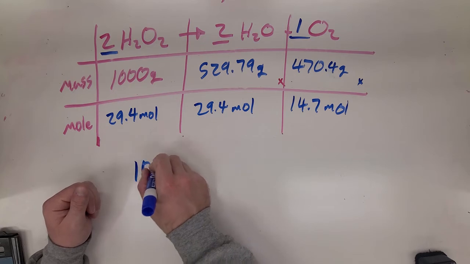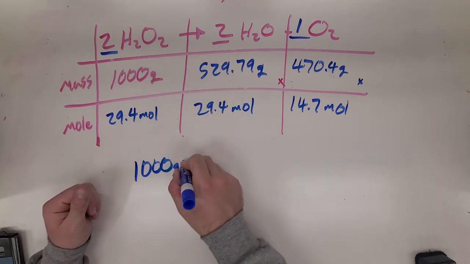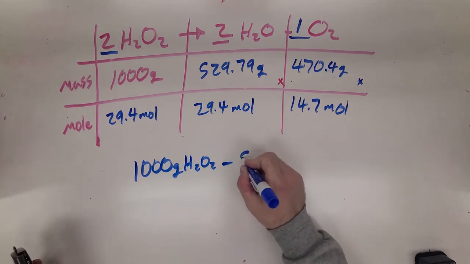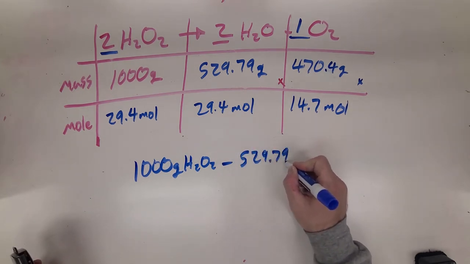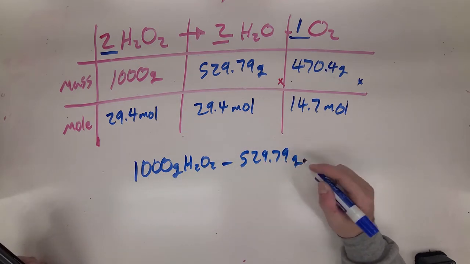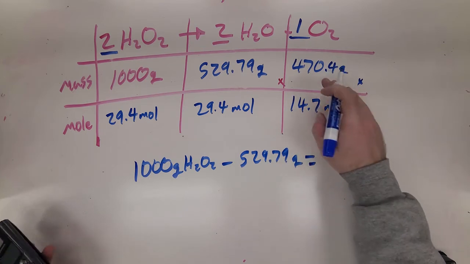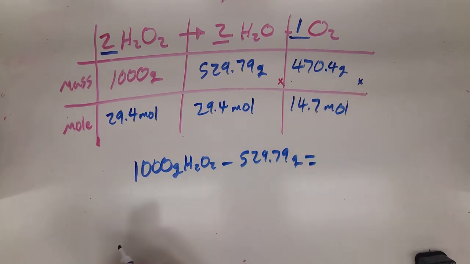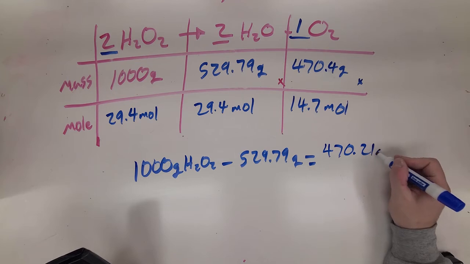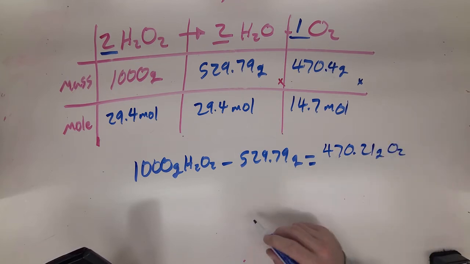So we had 1,000 grams of H2O2. We would subtract 529.79 grams, accepting that there's going to be a little bit of error in this. And that would get you the total number of grams of O2. So 1,000 minus 529.79 is 470.21 grams of O2.